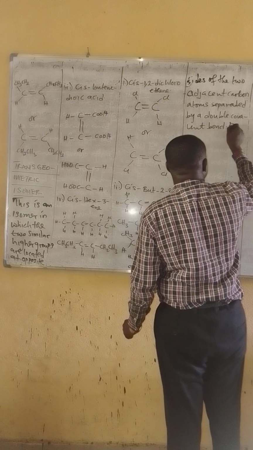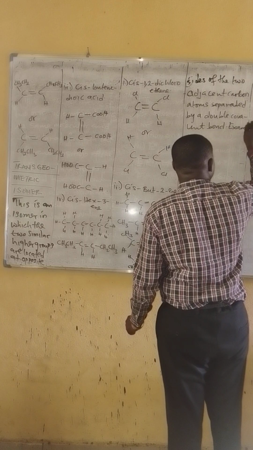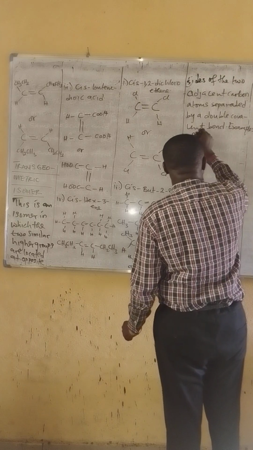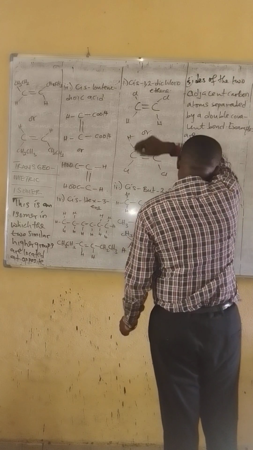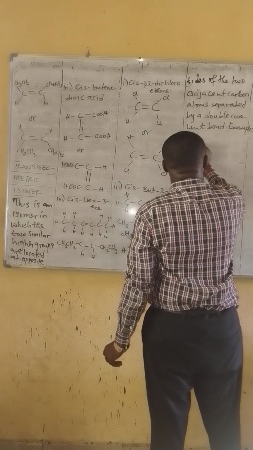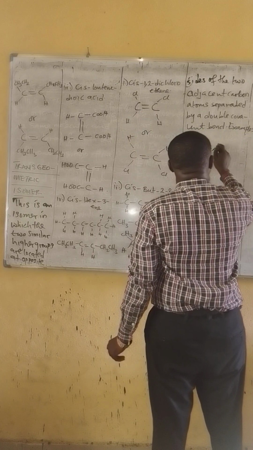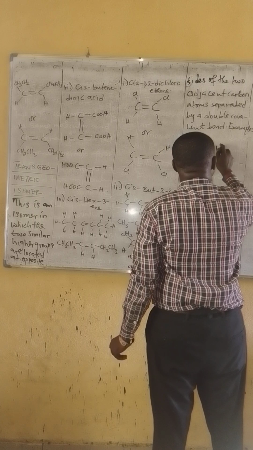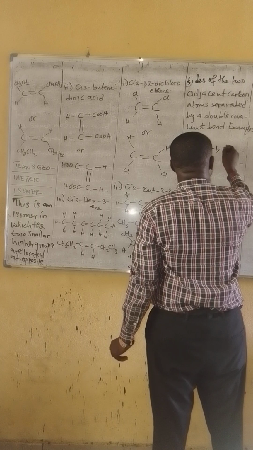So examples are number 1. Just like we have cis 1,2 dichloro, we see about trans 1,2, trans 1,2.